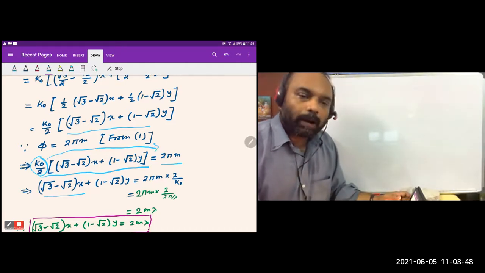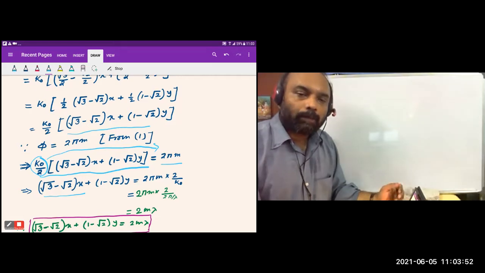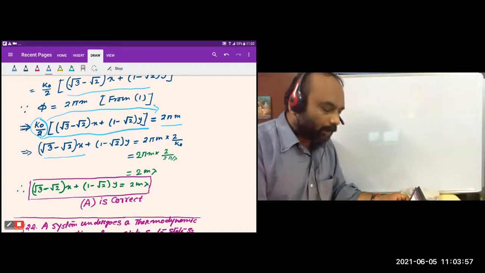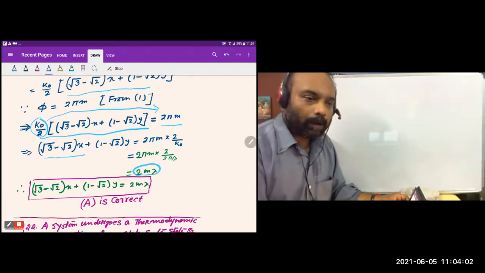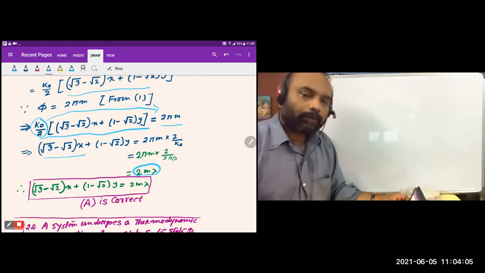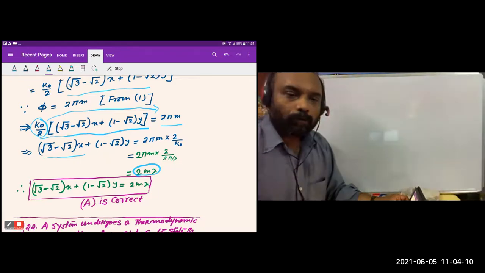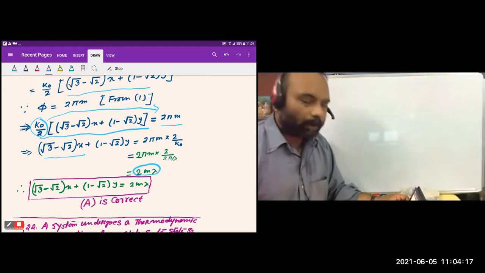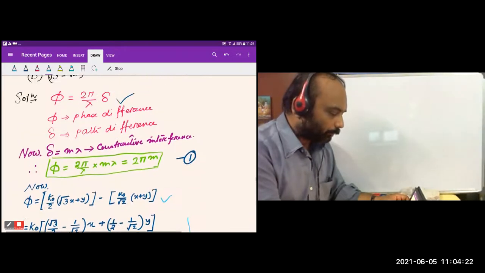Now, if we put k equal to 2 pi by lambda, k is the wave number, then we get 2 m lambda. Therefore, our condition for the maxima is root 3 minus root 2 x plus 1 minus root 2 y is equal to 2 m lambda. So option A is correct.